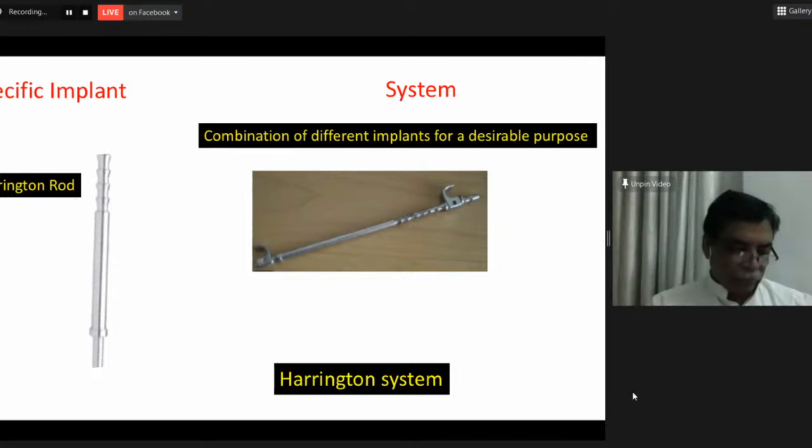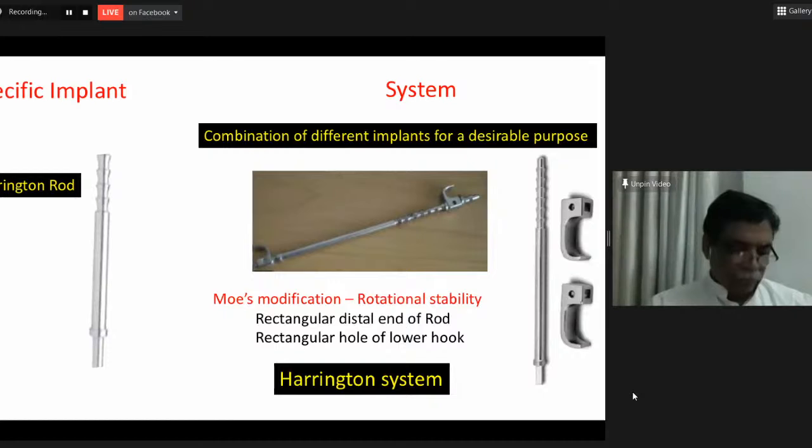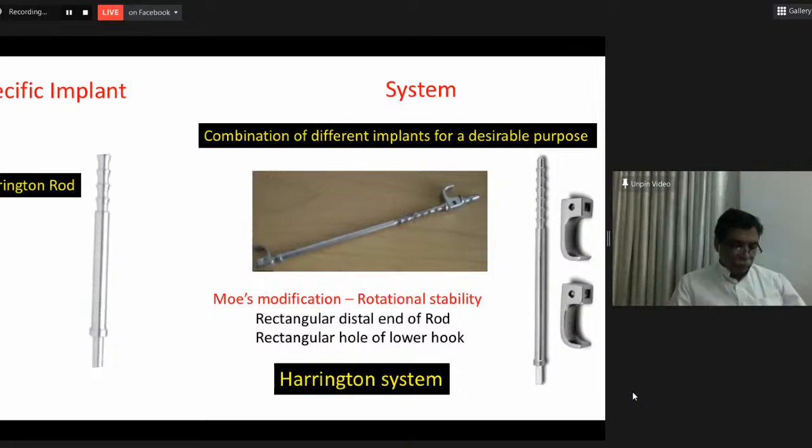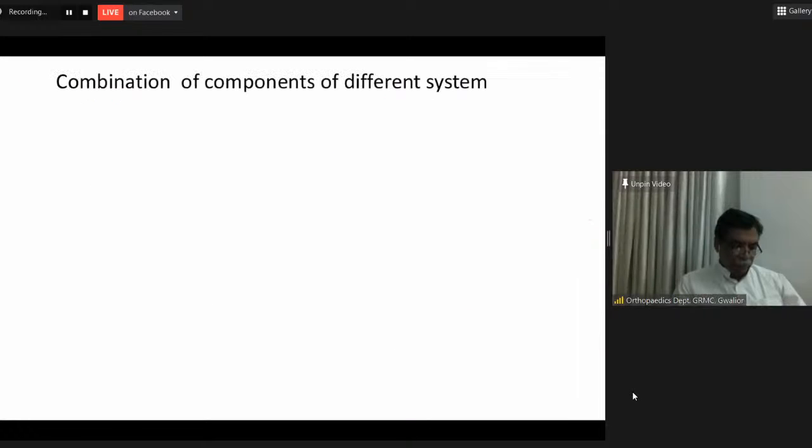It has a ratchet rod, and there are two hooks, that is proximal and distal hook. There had been modifications in this system, and Moe was the person who, to provide rotational stability, made the lower hook a rectangular hole shape, so that there was rotational stability also.